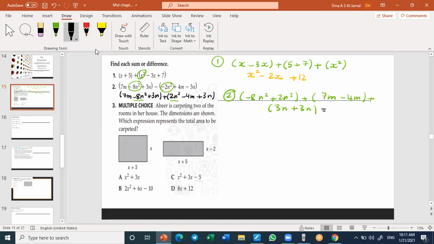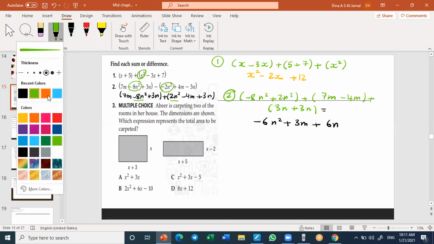Minus 8n squared plus 2n squared is minus 6n squared. 7m minus 4m is plus 3m. Then 3n plus 3n is 6n. That's it. Now let's go to this question.